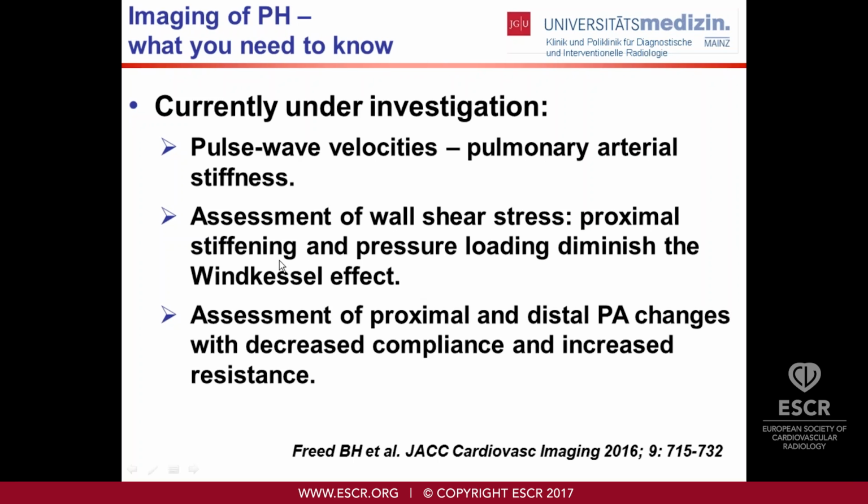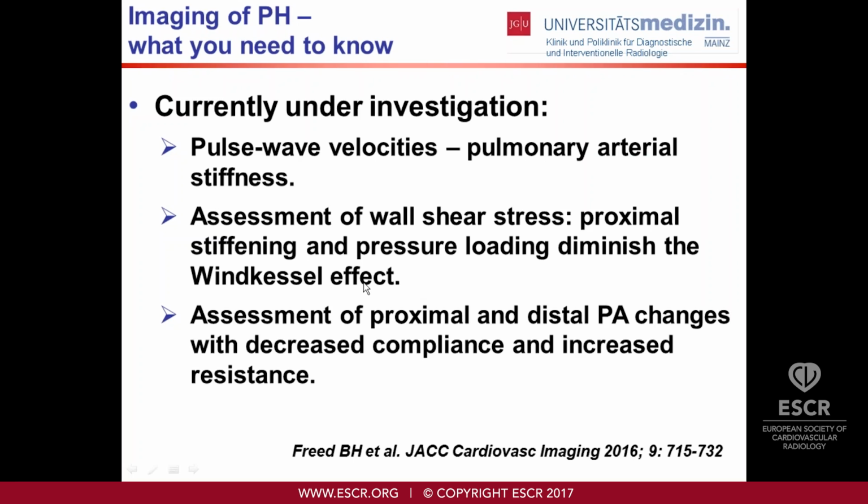Taking a look at prognostic significance, there are also some works available that show us that the simple assessment of right heart function by cine-MRI allows us to determine values that have prognostic significance.